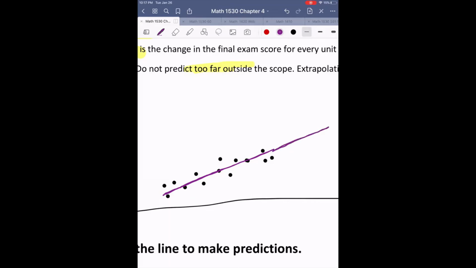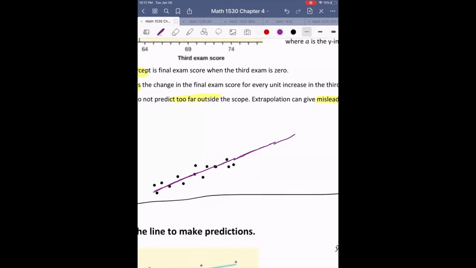So let's say we're wanting to predict for something all the way out here. Again, using this line for prediction, you could technically do that. You could predict all the way out here, but you don't really know the behavior of this data set after your last data value there.